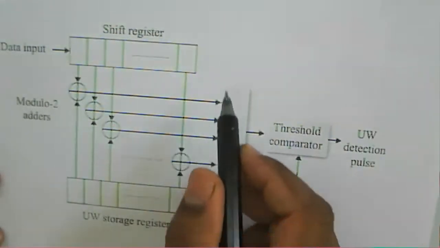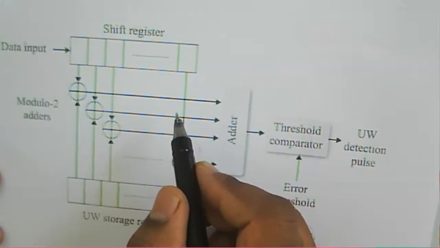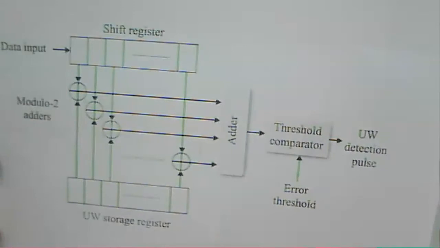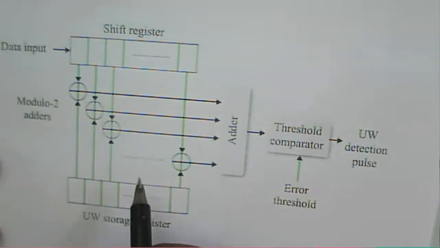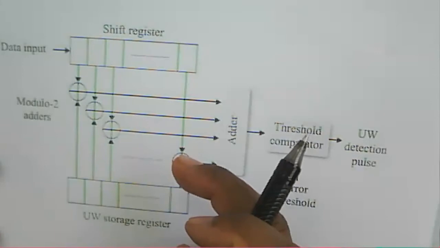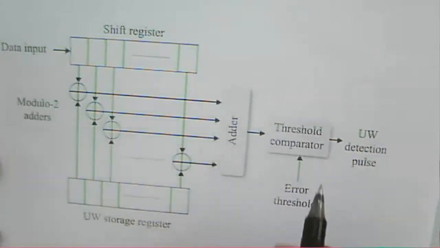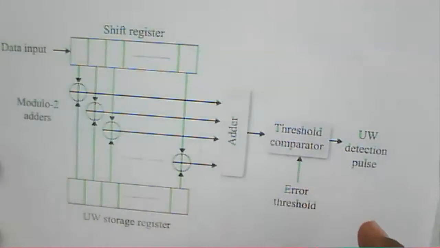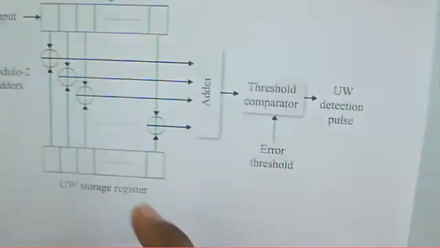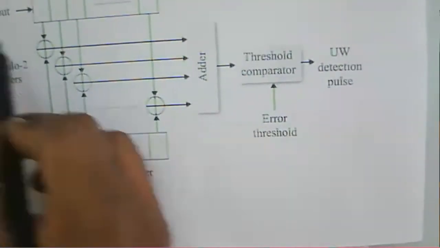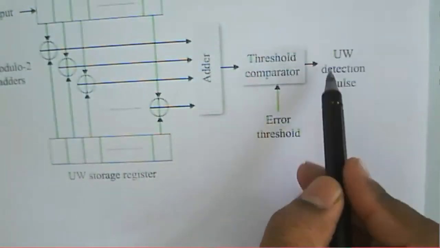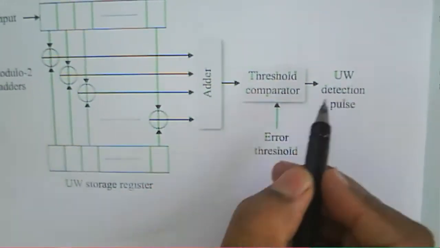Because the different unique patterns are there, they are used at different reference stations and different local stations. So that's why the pattern for all the stations should be the same. So that's why this unique word detector is used for this particular station, and it will generate that unique word detection pulse there.